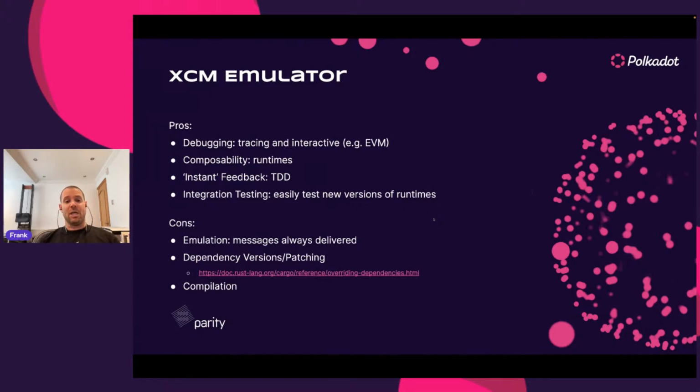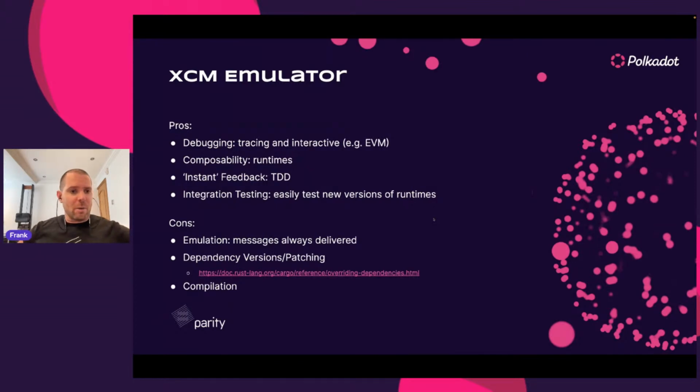The EVM implementation is just a Substrate pallet, or Rust code. So once you pull that dependency in, you can set breakpoints there and actually figure out what's going on in the EVM, as well as seeing outputs from the EVM in the debug console for the tracing.